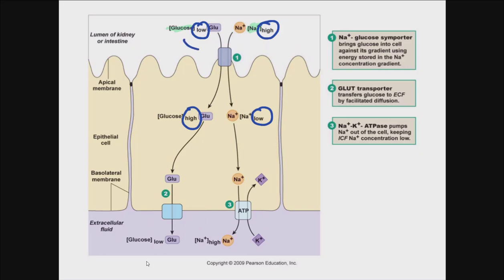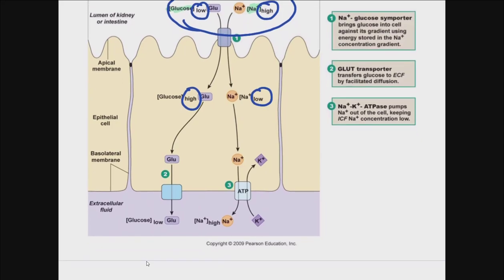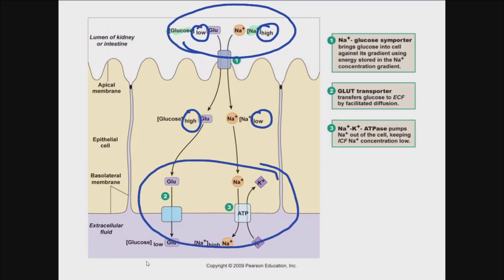So utilizing a situation like this where I'm coupling the diffusion of one thing with the active transport of another is a cheaper way to move both sodium and glucose over paying for glucose separately and just letting sodium diffuse through a channel protein. Also, note that the transporters on the basolateral membrane typically are different than the transporters in the apical membrane.